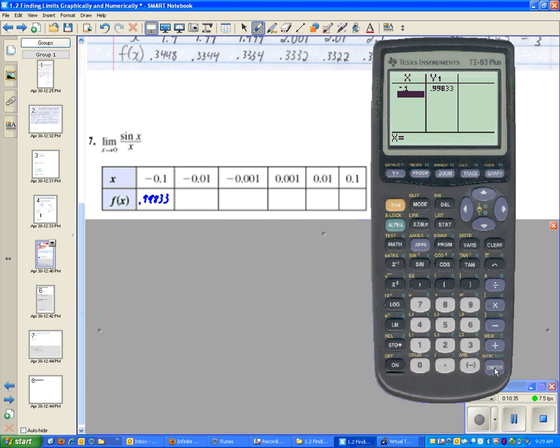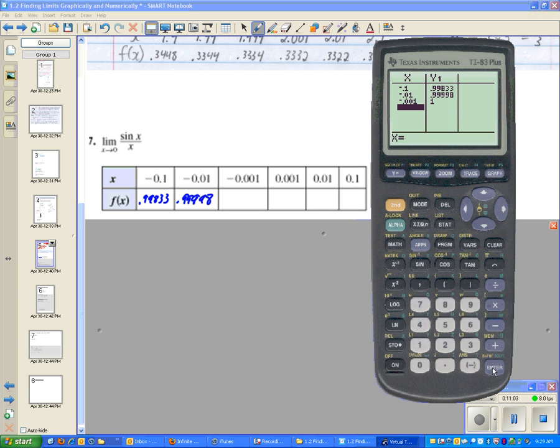Everybody with me? Negative 0.01. And I got 0.99998. Negative 0.001. It says 1. Does it actually equal 1?